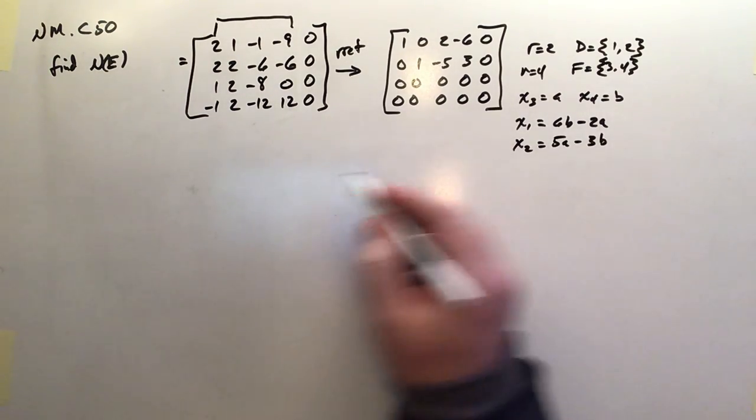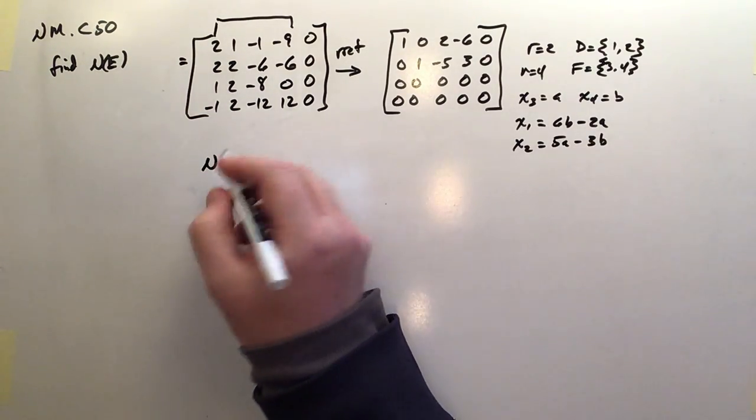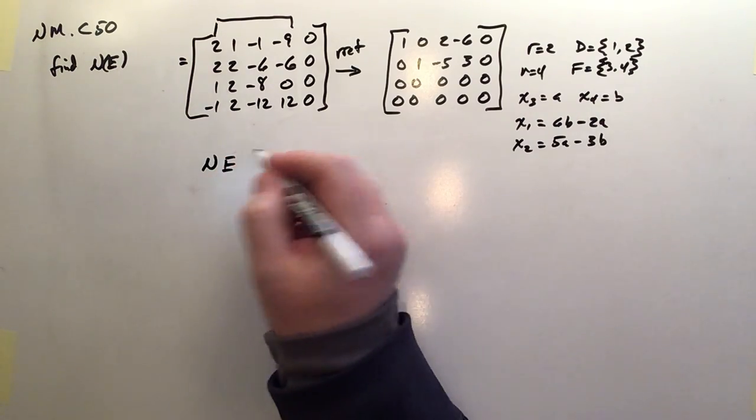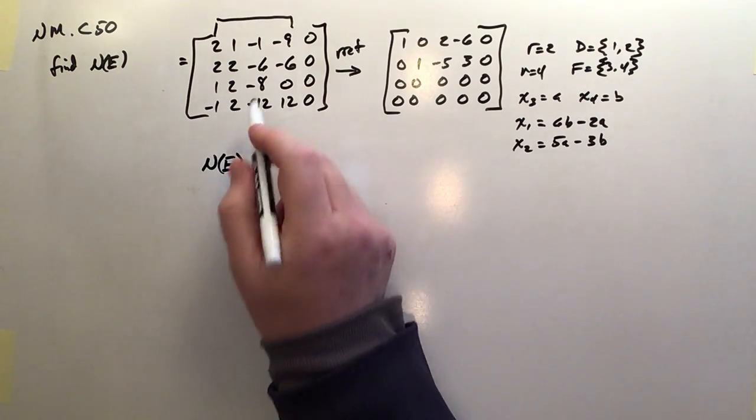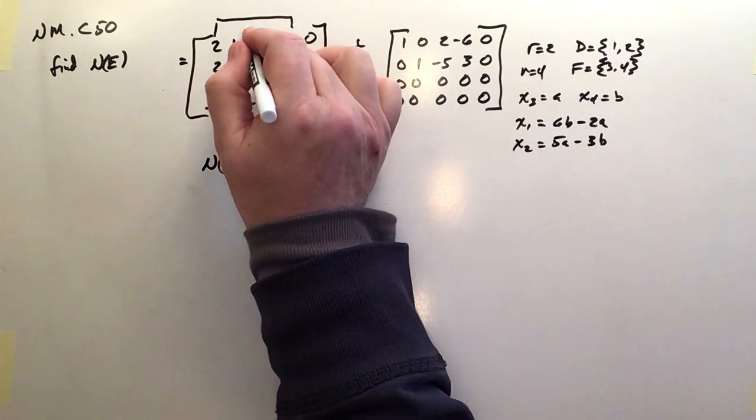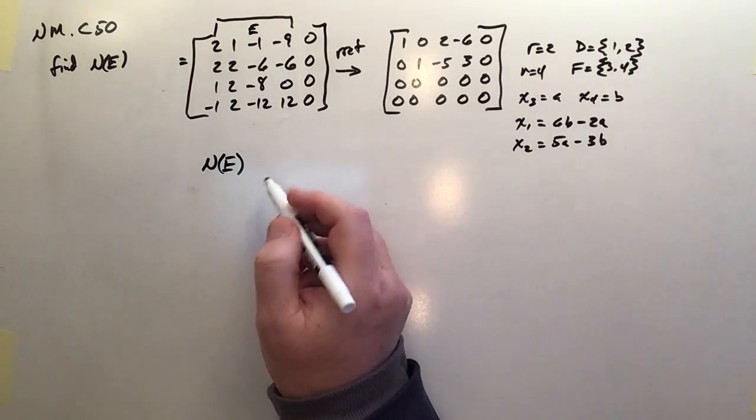So there it is. That'll be the solution to our system, and of course that makes it the null space for matrix E, our original matrix E, this guy right here.